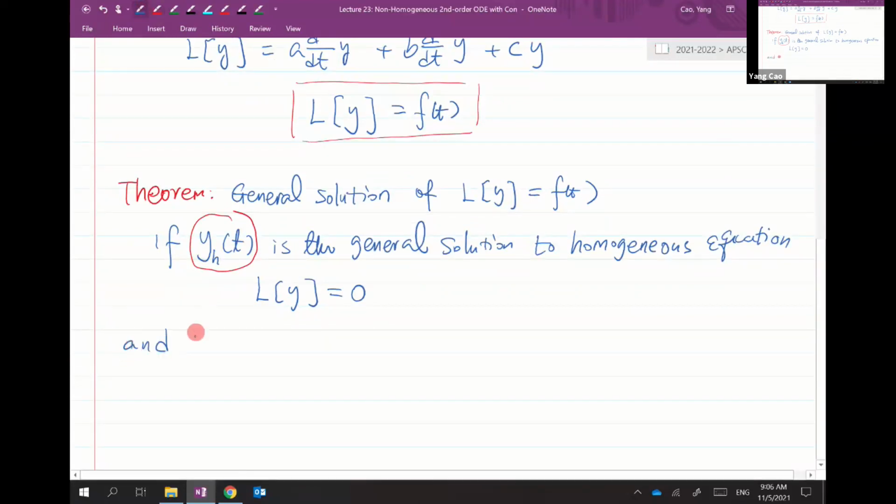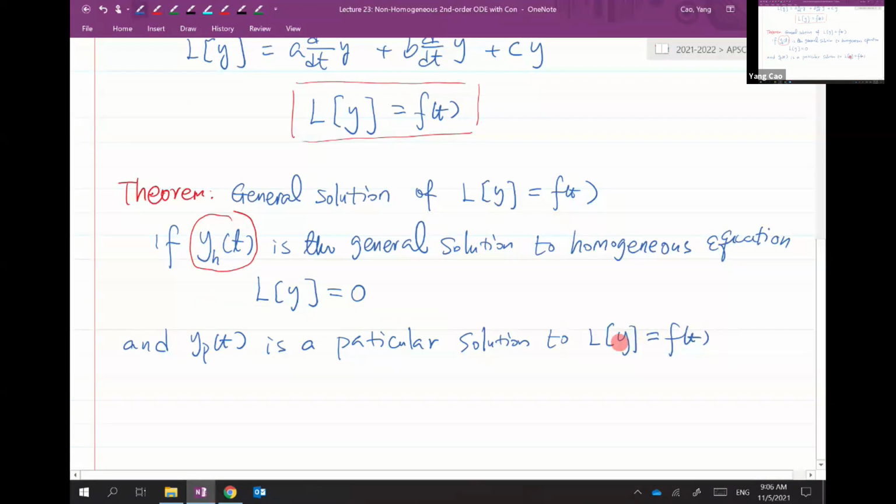And yp of t is a particular solution to Ly equal to f of t. This is another piece of information.